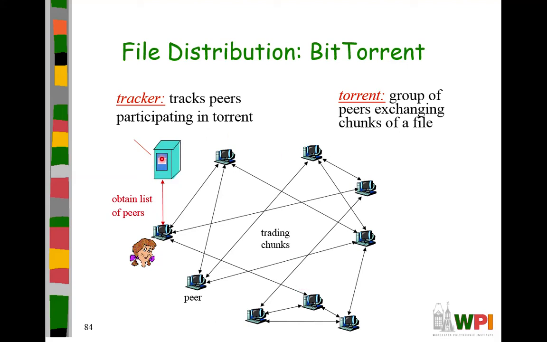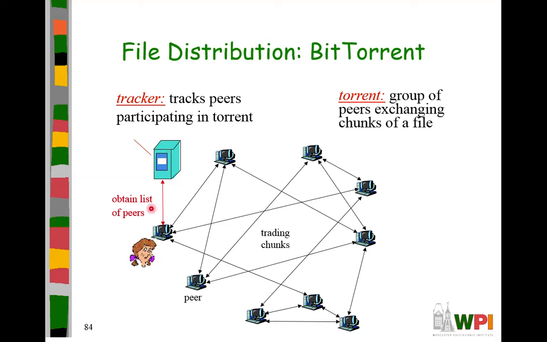And there is a tracker. The tracker has the information about all the peers in the torrent, about all the torrents. Their information is present here in the tracker, that is, who the peers are at this time.